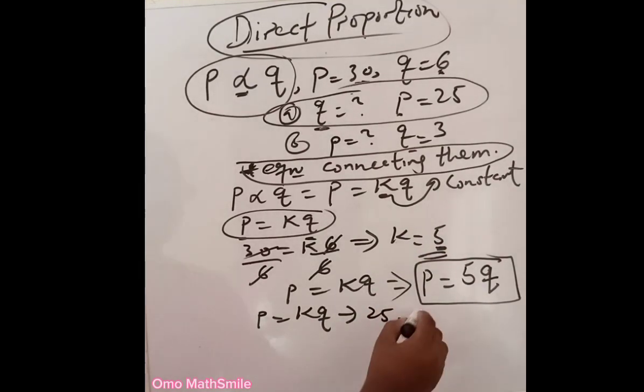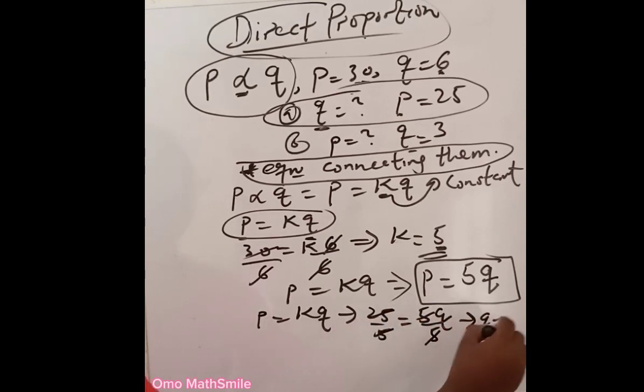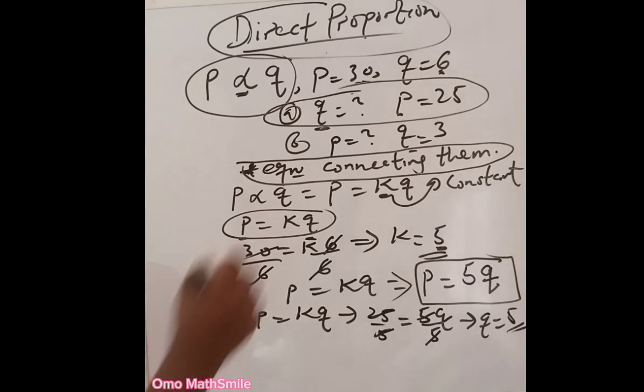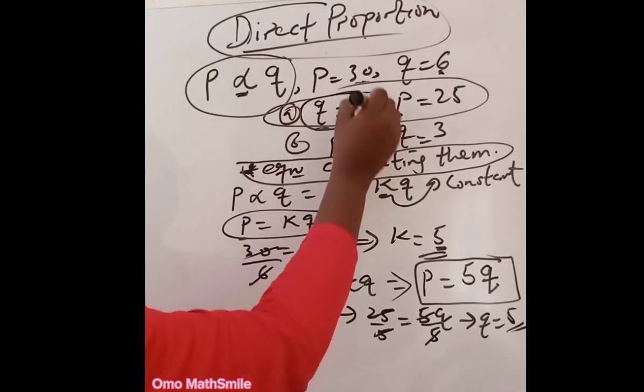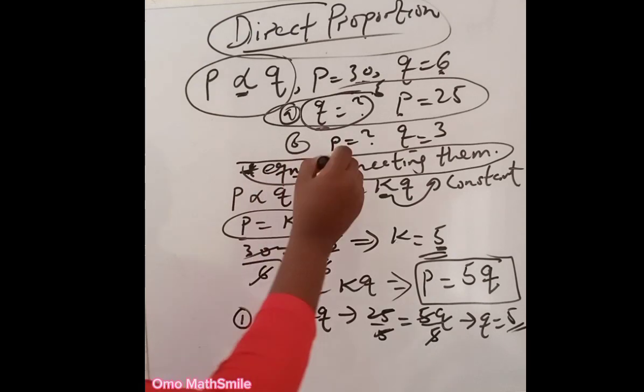P equals 25 and constant K. Luckily for us, K equals 5, but we don't know Q. So we divide both sides by 5. That cancels out, and 25 divided by 5 gives us 5. So Q equals 5, and that answers the question. You can see it's so easy here. If you're able to substitute and divide, you are good to go.